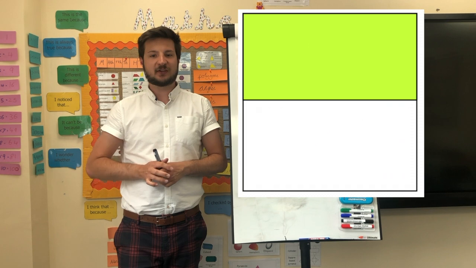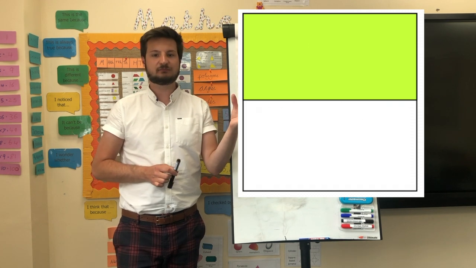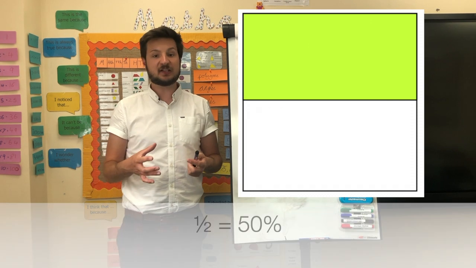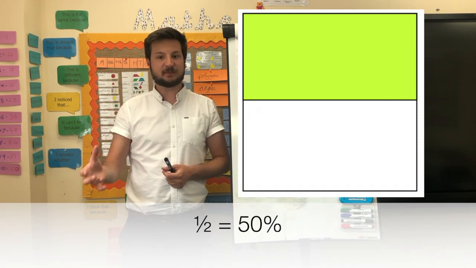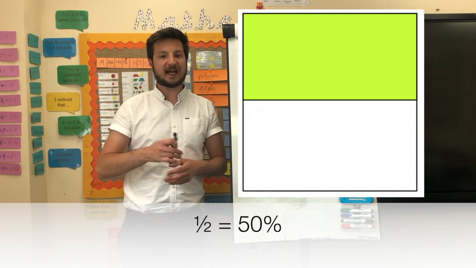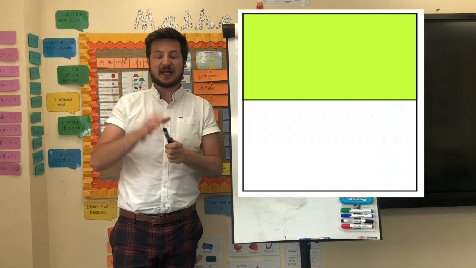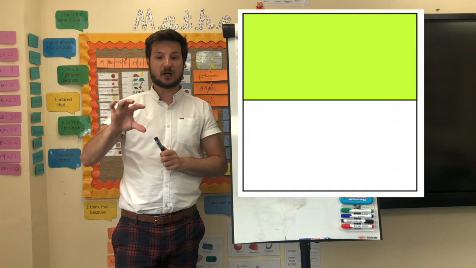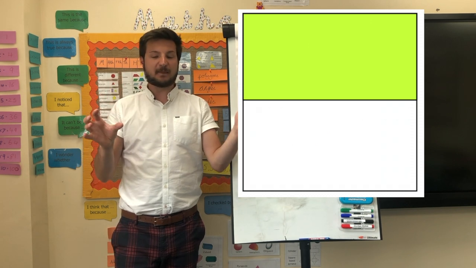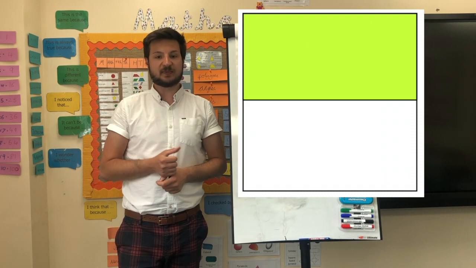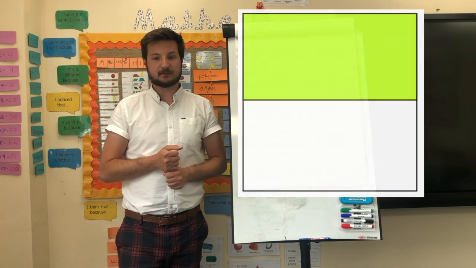This tells us that half is green and half is white. As a percentage, half is 50%. So you can see how the shape that you saw last time when it was split into 100 equal parts and this shape that's split into 2 equal parts shows the same amount as green and the same amount as white. They both show 50% green and 50% white.